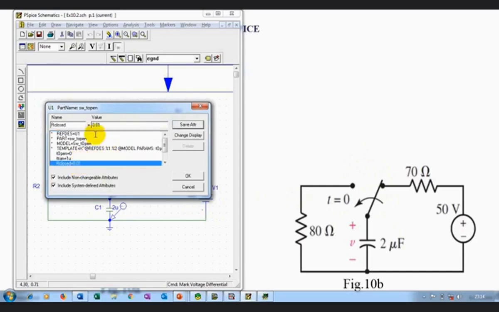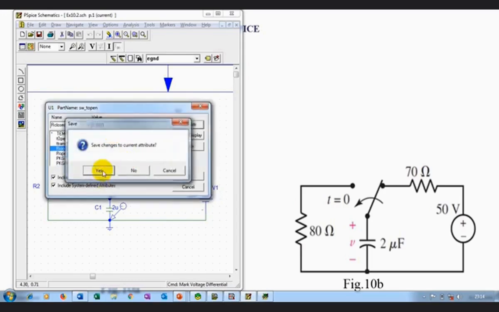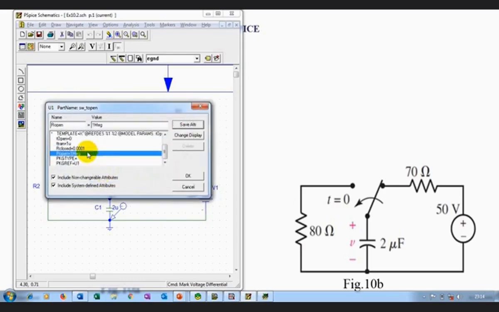Then let us revalue them so that we get the answers accurate. Let us reduce this further, and let us increase 1 mega to 2000 mega.